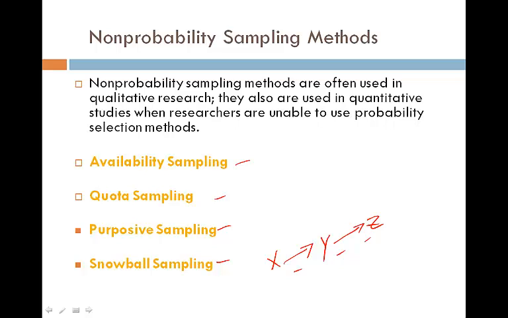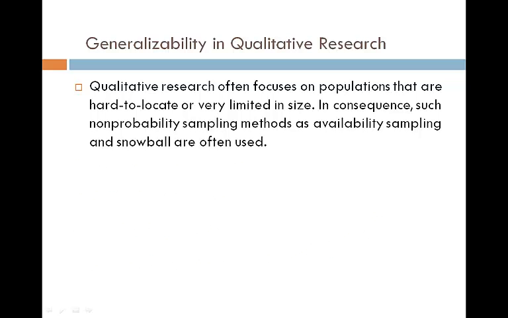Particularly, when people like to study homeless people, using snowball sampling is the best way to do it. Qualitative research also focuses on populations that are hard to locate or very limited in size. In consequence, such non-probability sampling methods as availability sampling and snowball sampling are often used in qualitative research.